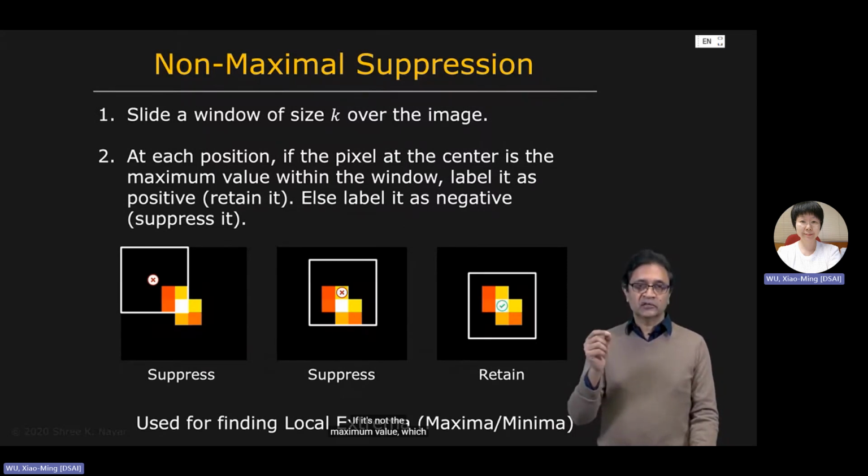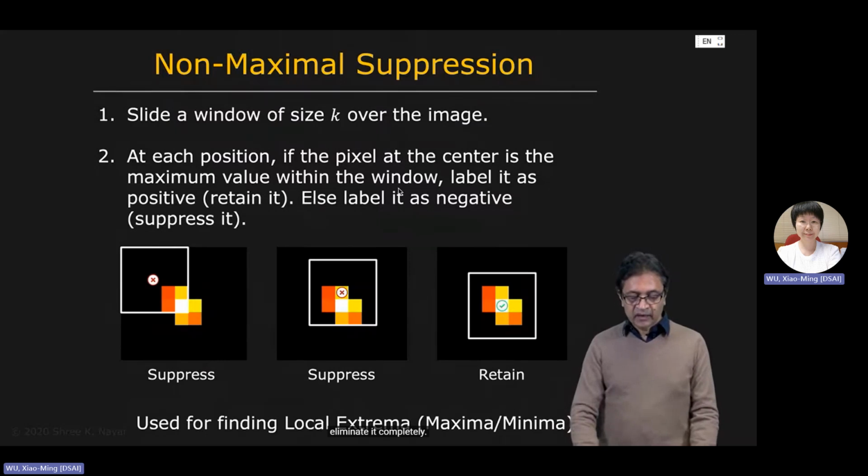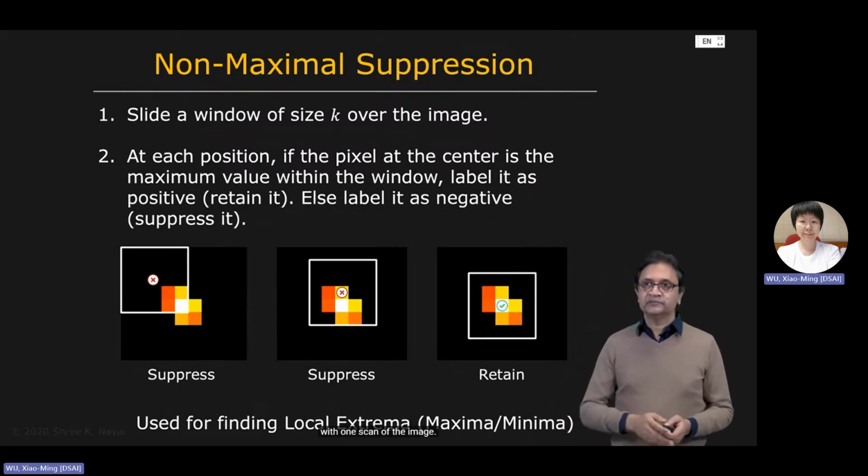If it's not the maximum value, which means there's some other pixel in that tiny window that has a larger value, then you either suppress it, diminish the value, or eliminate it completely. So that's how this works. This point is clearly not a peak because this point is brighter, so you might eliminate or suppress it, and this one happens to be a peak. This way you can find the peaks with one scan of the image.